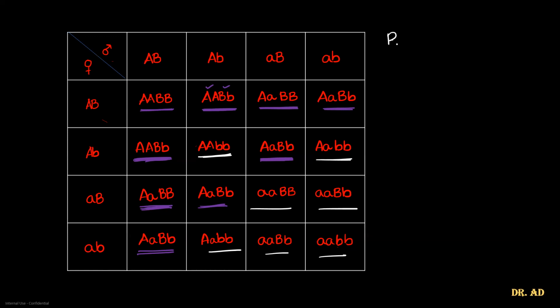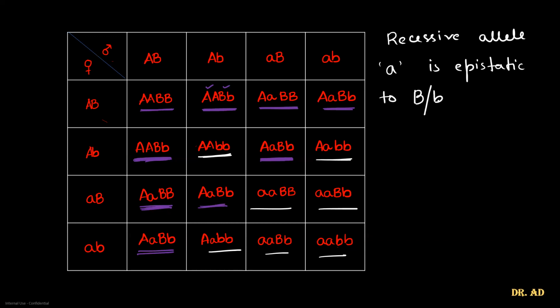See, recessive allele small a is epistatic to this combination, and small b is epistatic to this combination.